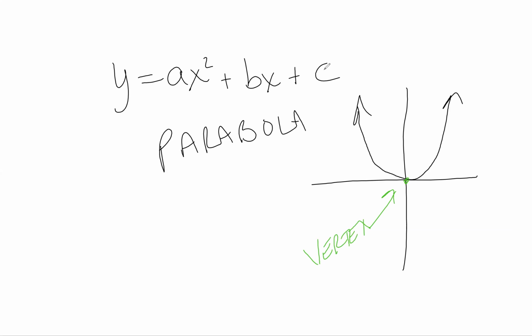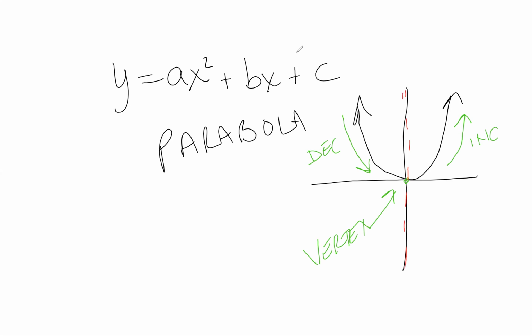The vertex is important. It's the point where our graph changes from our y values coming down to our y values going up, or we might say decreasing and increasing. The vertex also shows us where the axis of symmetry is.